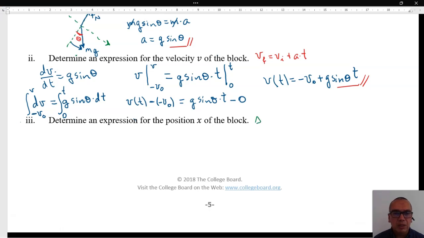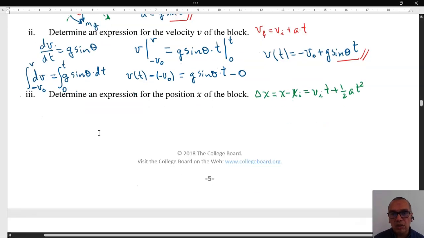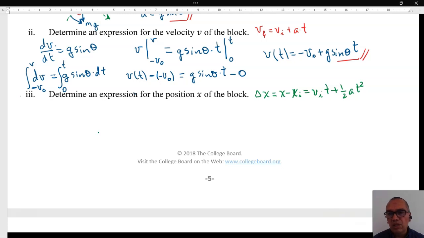Remember that the displacement, which is final position minus initial position, is equal to initial velocity times time plus 1/2 acceleration times time squared. But as always, it is a lot more fun to do this from basic principles, which in this case is integral calculus. The velocity is nothing other than the time derivative of position.